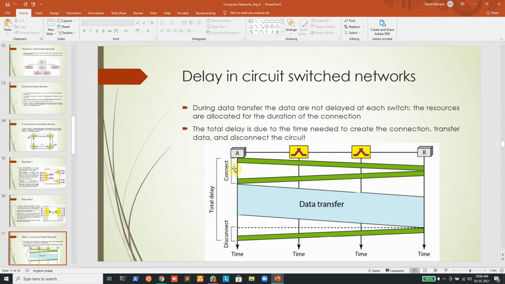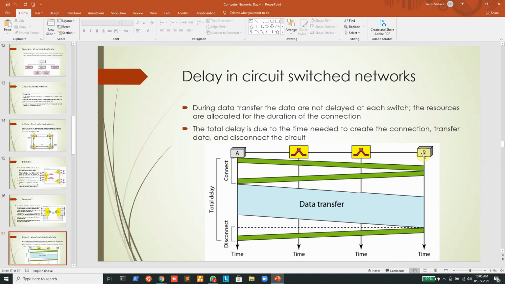Suppose computer A wants to communicate with computer B, and there are 2 switches in between computer A and computer B. Whenever they want to connect, the first step is the setup phase. In the setup phase, computer A will send a special data to computer B, asking that it wants to send him data.